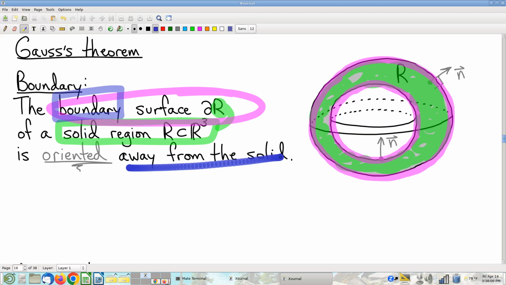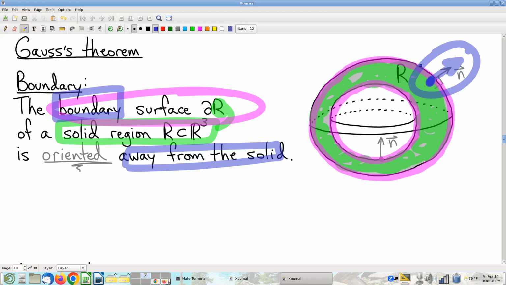Away from the solid. So, for example, look at a point like this point right there. That's on what you might call the outer portion of the boundary, away from the solid, like that. Is everybody good? Now, I want to distinguish between away from the solid, which this is, and outward, which this, I guess, also is.